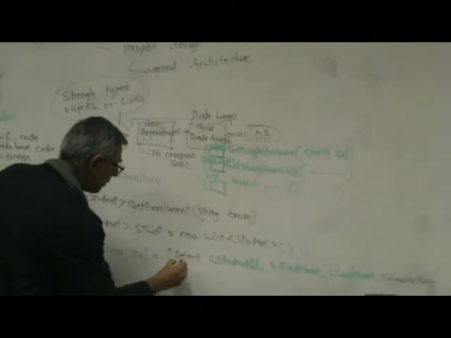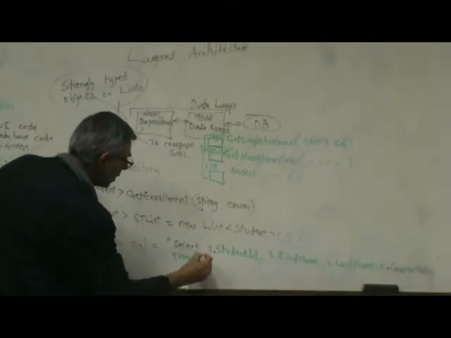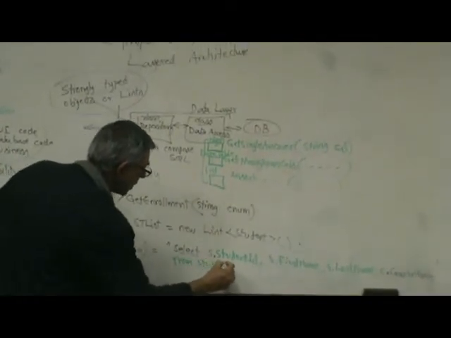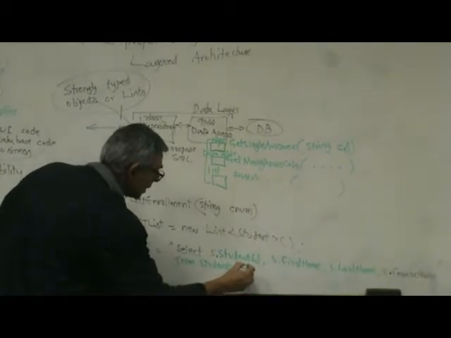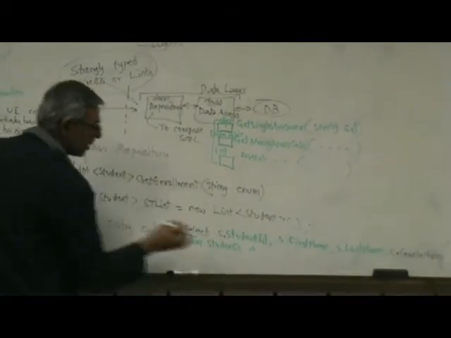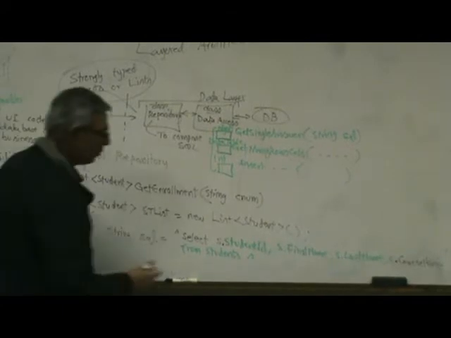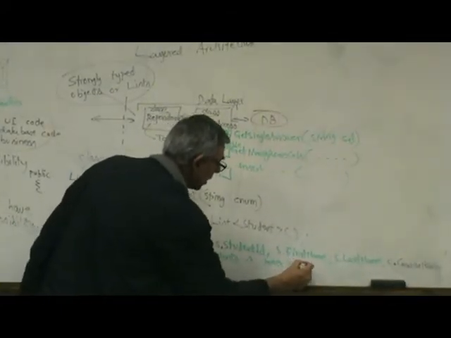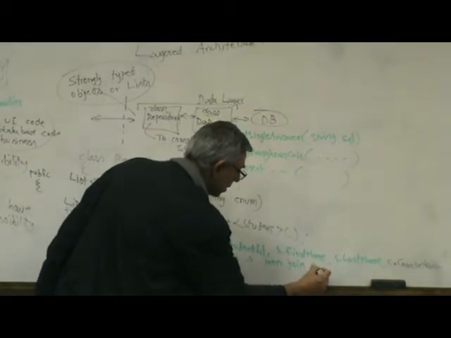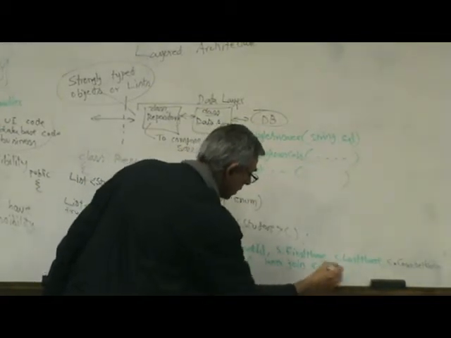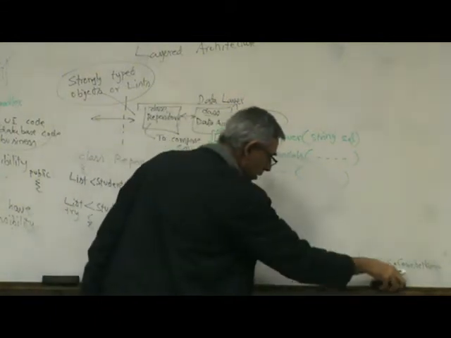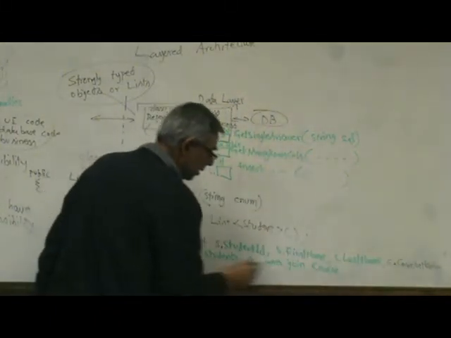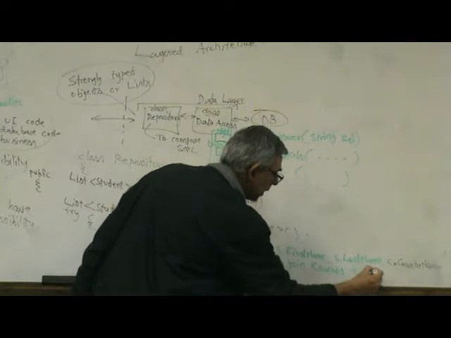Then we'll follow the next rule, join one table at a time. So you will do from students S. This is the time you assign the alias to the table, and then join one table at a time. So you will do inner join courses C on.